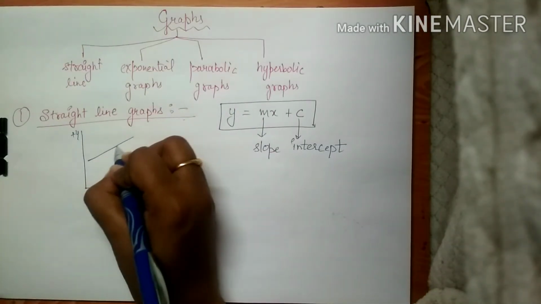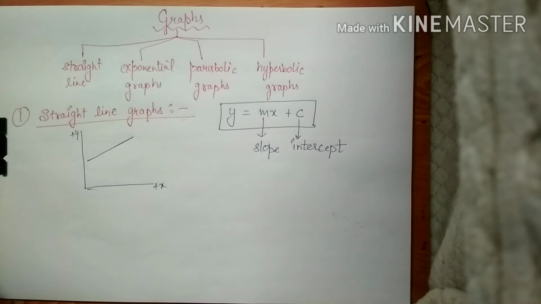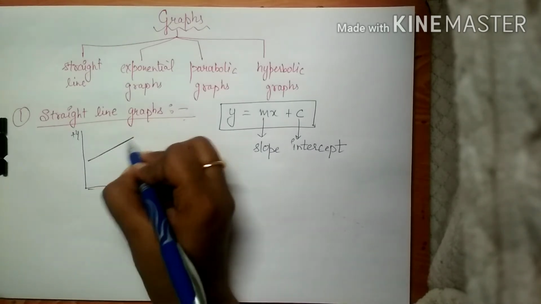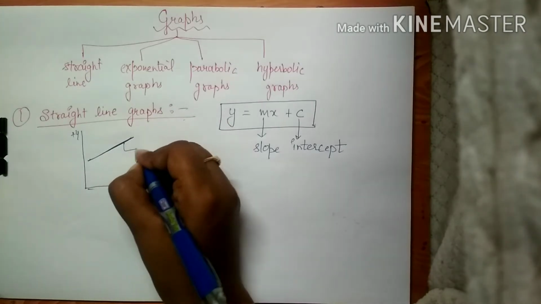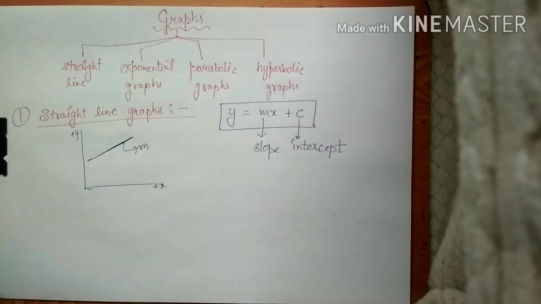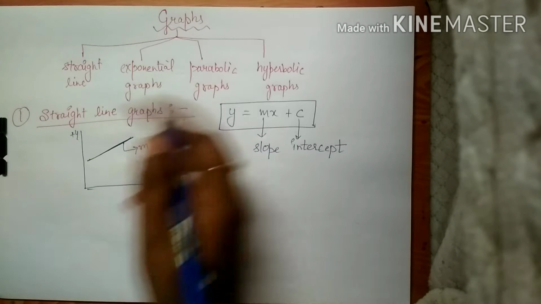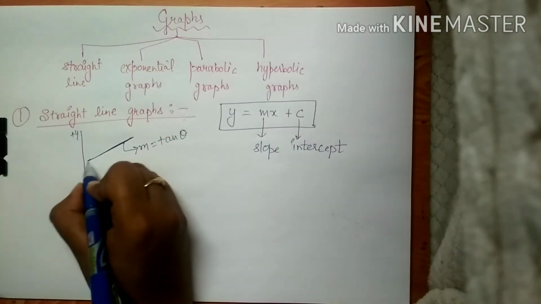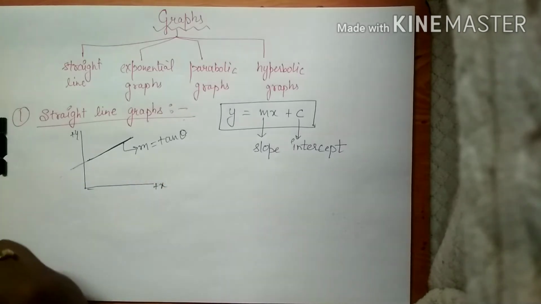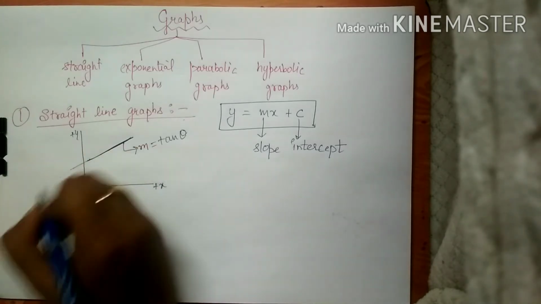Sorry, this is the straight line for y is equals to mx plus c. So the slope of this line will be represented by m. Basically slope is equals to tan of theta. Theta will be the angle made by this line onto the positive x-axis.